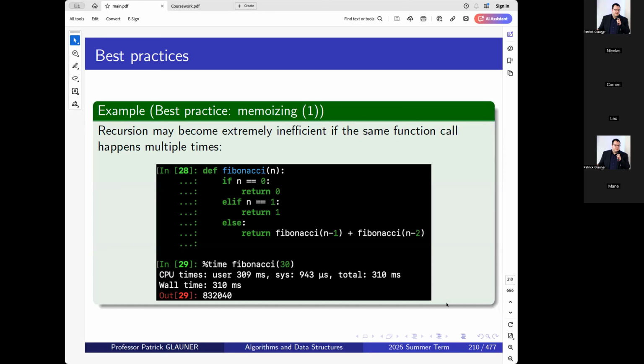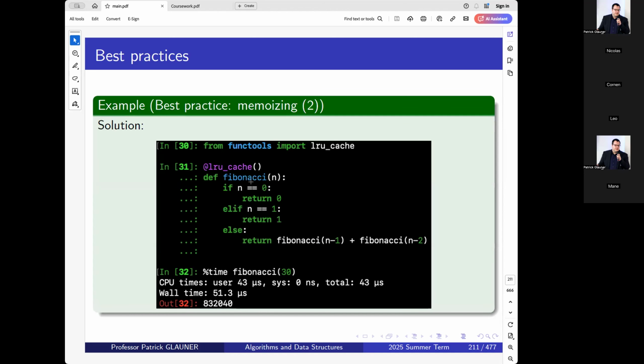In order to speed it up, we saw memoizing. So we saw that we can, in Python, use this LRU cache, which stores for a specific input the output of the function. And then when we call that function, we don't need to recompute, but rather we read from that cache if it's computed already.